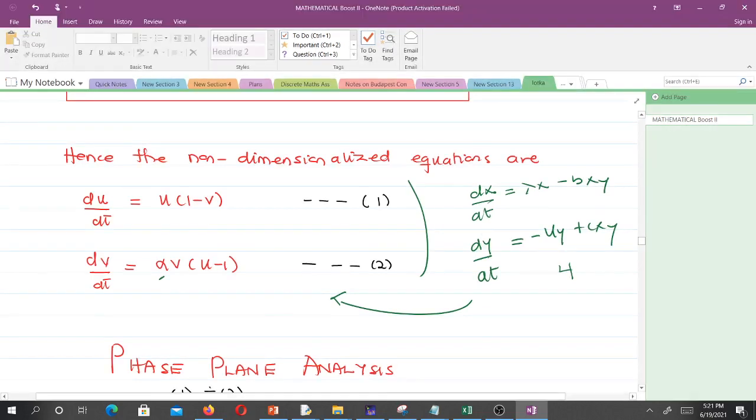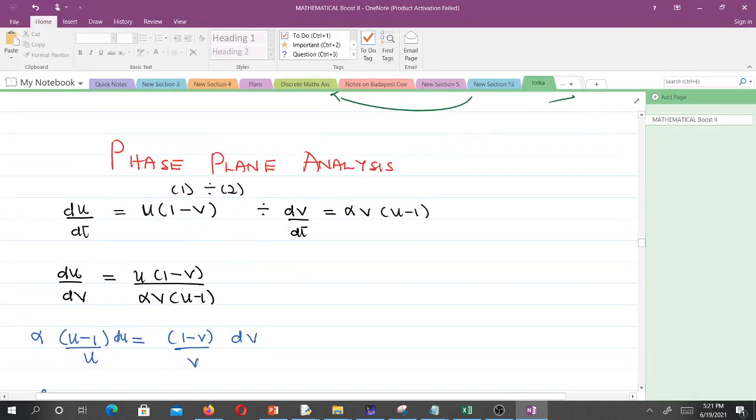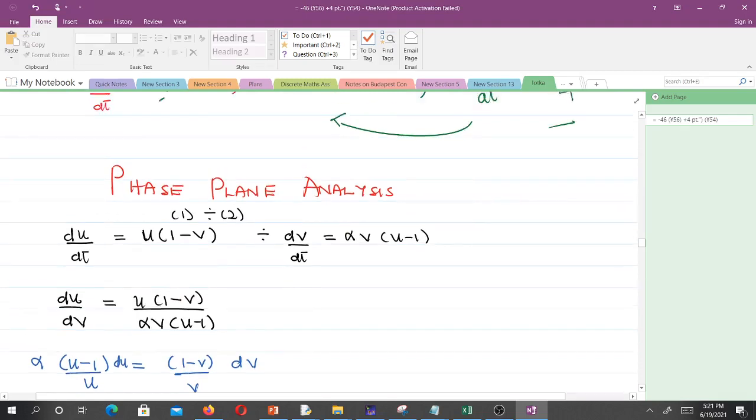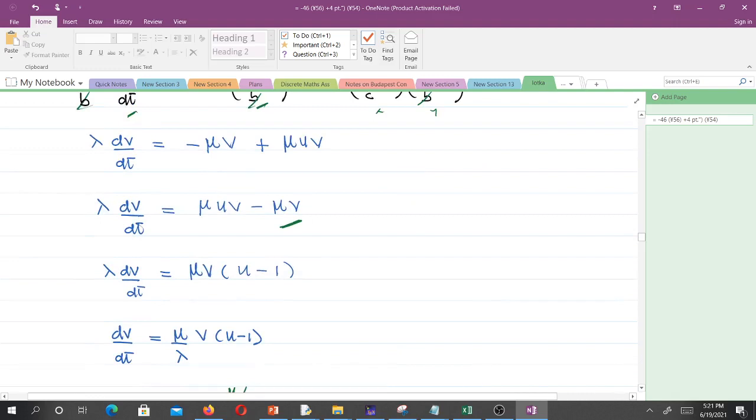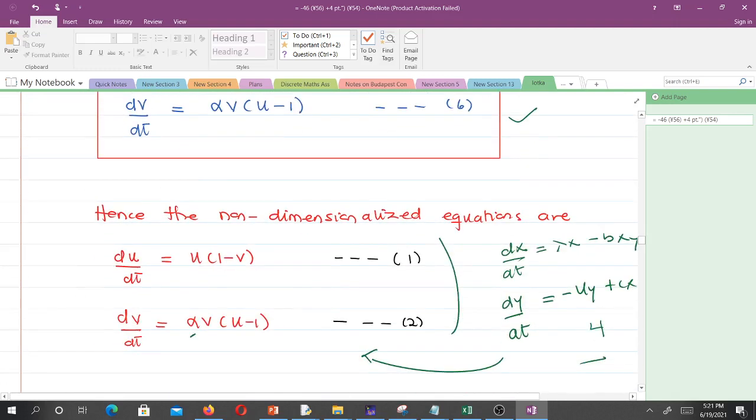So we are going to use phase plane analysis, right? So we are going to divide equation 1 by equation 2. Okay, so we are dividing equation 1 here by equation 2.